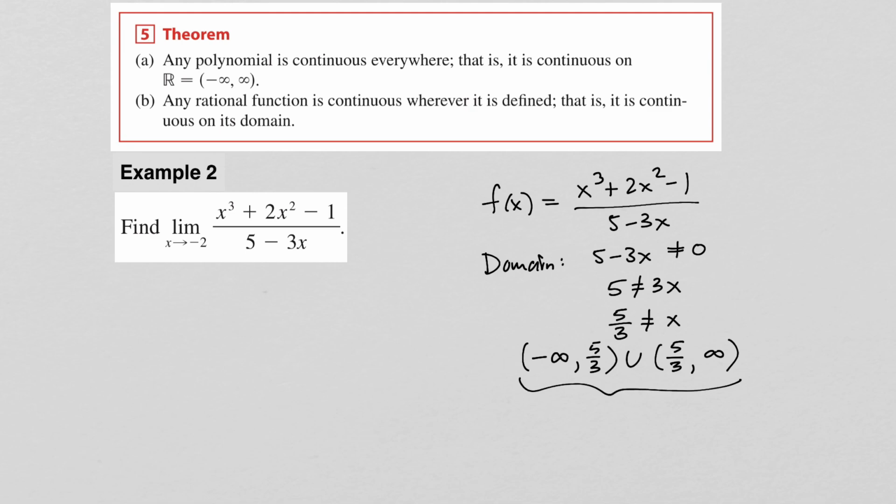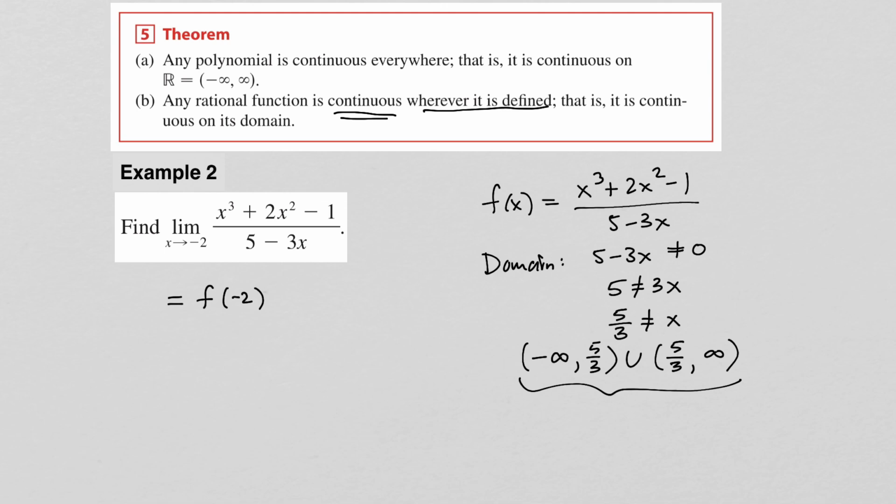So this theorem says that this rational function is continuous wherever it is defined. So it is continuous for every number except 5/3. So if I want to take the limit as x approaches -2, -2 is not 5/3. So we know this function is continuous at -2. And therefore, we know that it will equal the function value at -2.